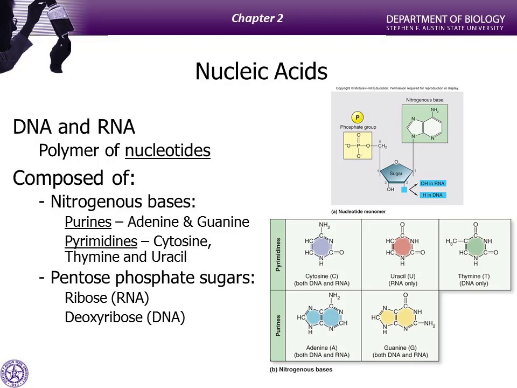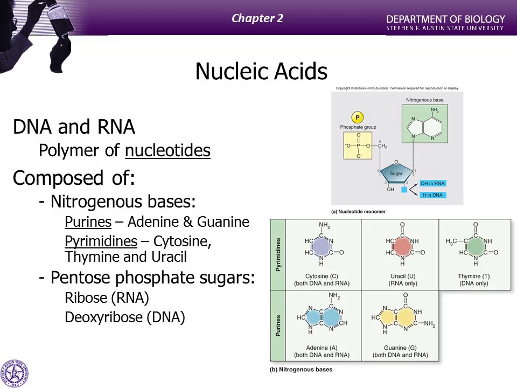Morse code. What's Morse code composed of? Dots and dashes. But the number of the dots and dashes and the order of the dots and dashes can make up letters and spell out words. So Morse code has an alphabet of dots and dashes. Nucleic acids have alphabets of 4 nitrogenous bases.